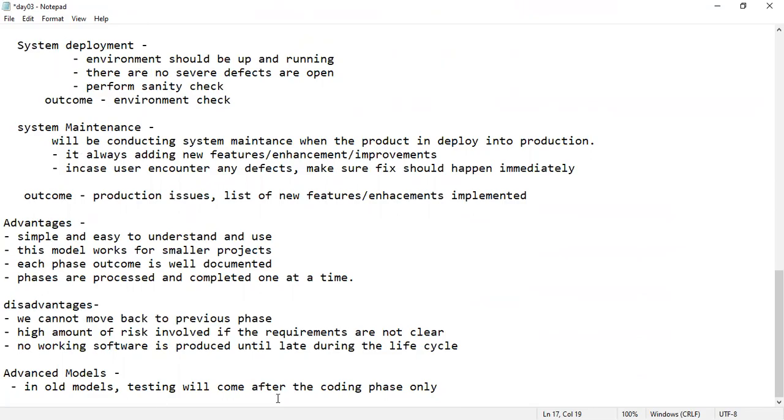In old models, testing will come after the coding phase only. Once coding is completed, then only testing will be implemented. The next one, in advanced models, both development and testing will be conducted parallelly, side by side.